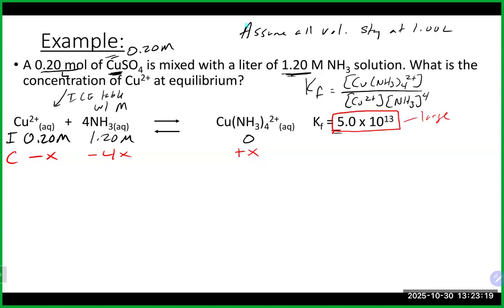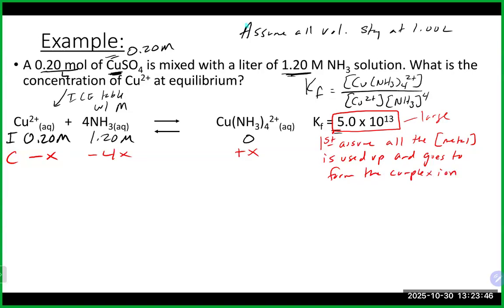It is so large that the first assumption we make is that all the concentration of the metal is used up and goes to form the complex ion.